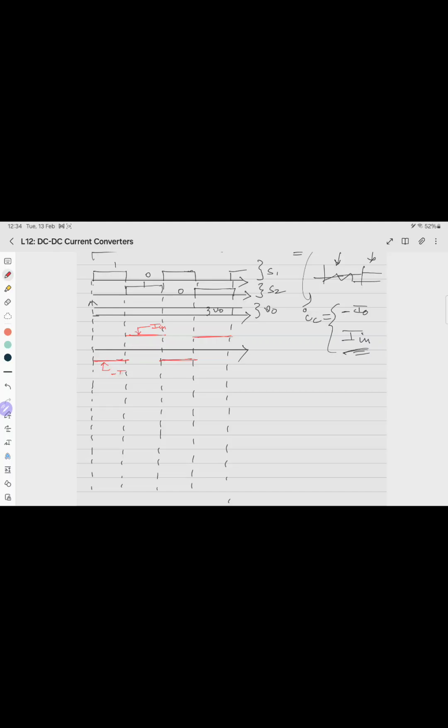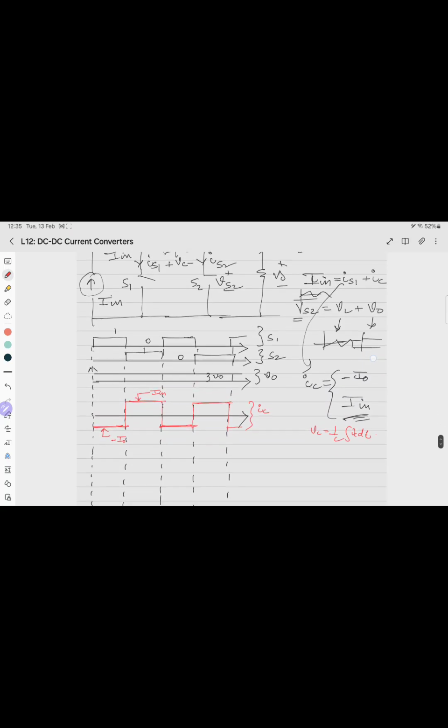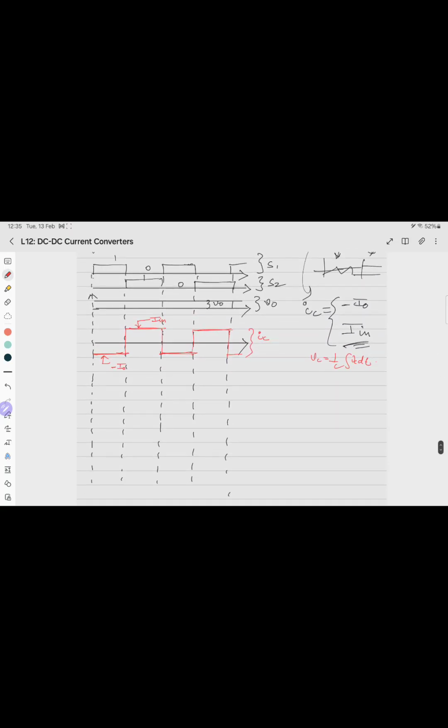This is minus I naught. This is the waveform of IC. Then VC is 1 by C integral IC dt. Again, in this case, VC has some average value.